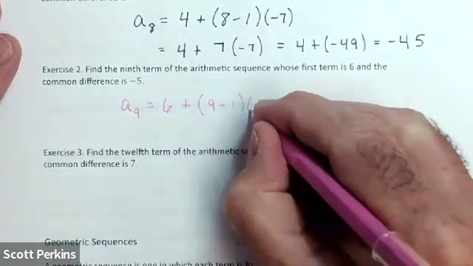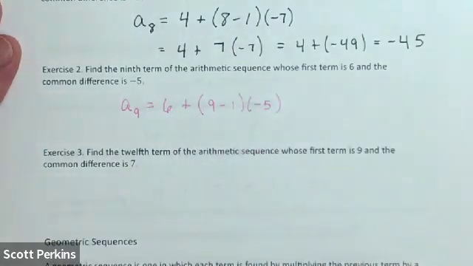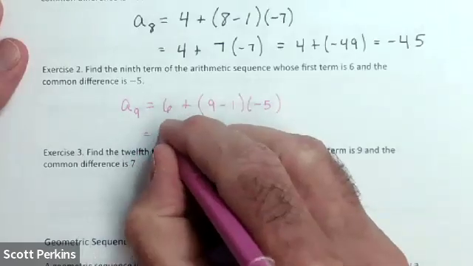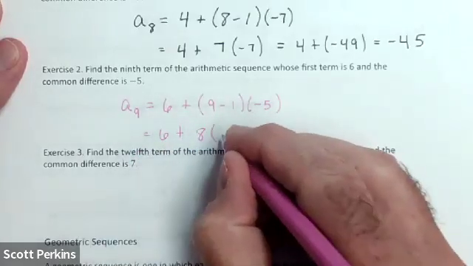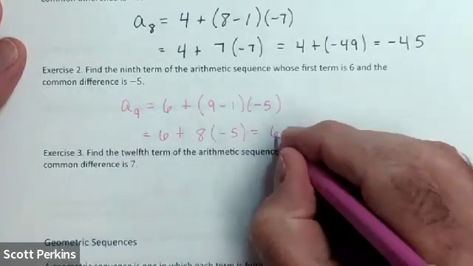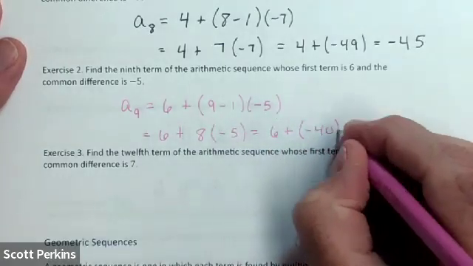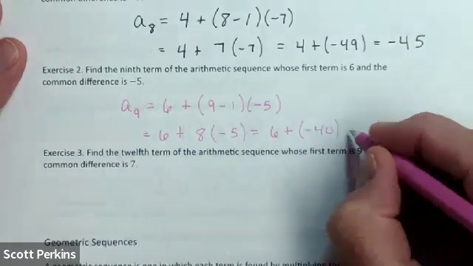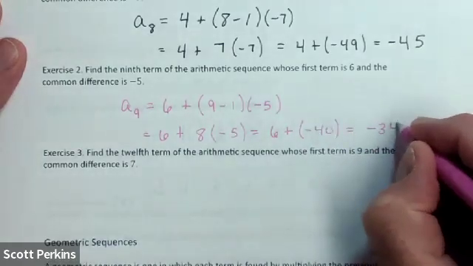And the common difference is -5. It's, again, another sequence that gets smaller and smaller. So that's 6 plus 8 times -5. 8 times -5 we know as -40. And 6 plus -40 is equal to -34.